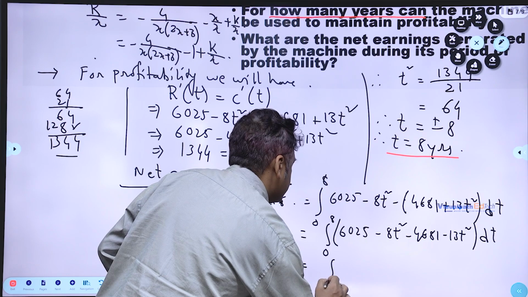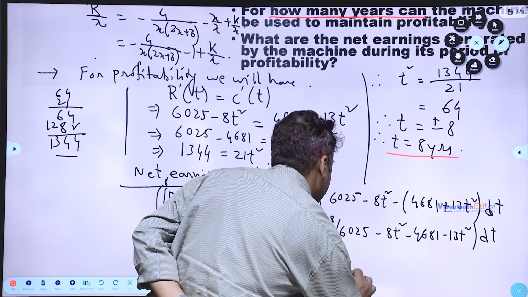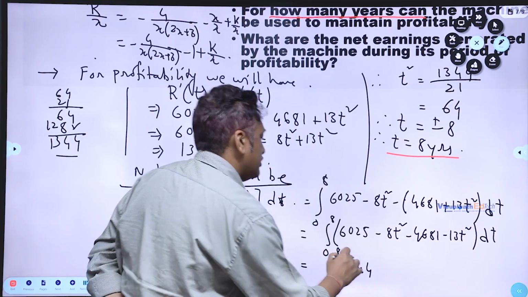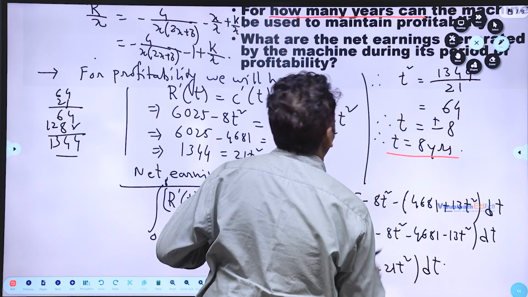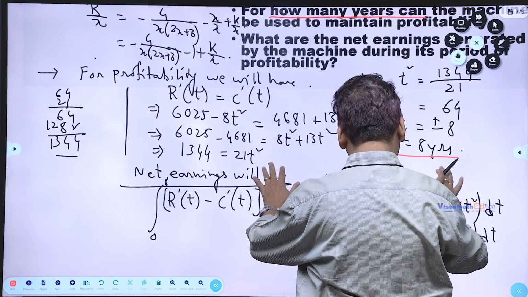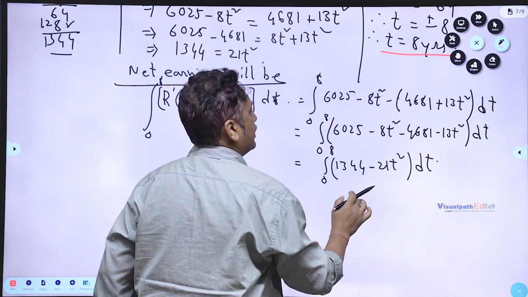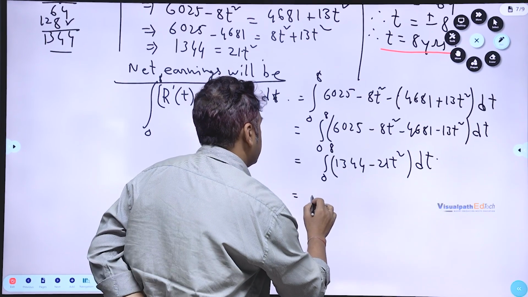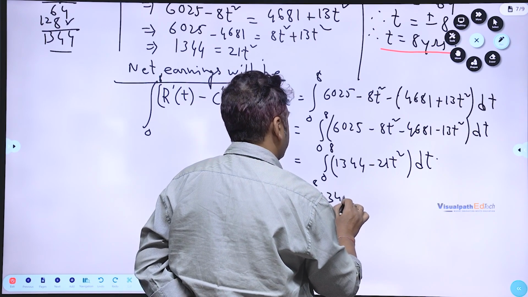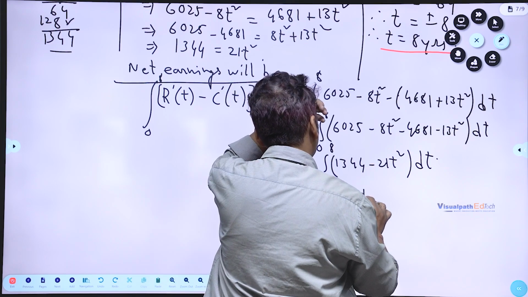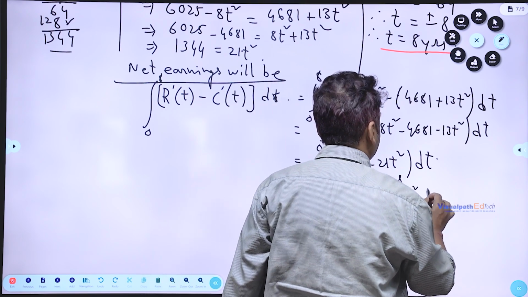That will give us, from 0 to 8, the difference is 1344, we did it earlier, minus 21T square dt. So if we continue, we will get the integration from 0 to 8 of 1344 dt minus the integration from 0 to 8 of 21, outside, T square dt.